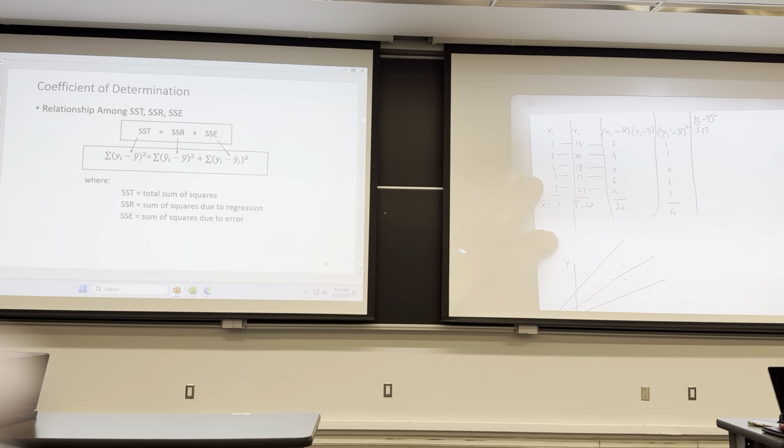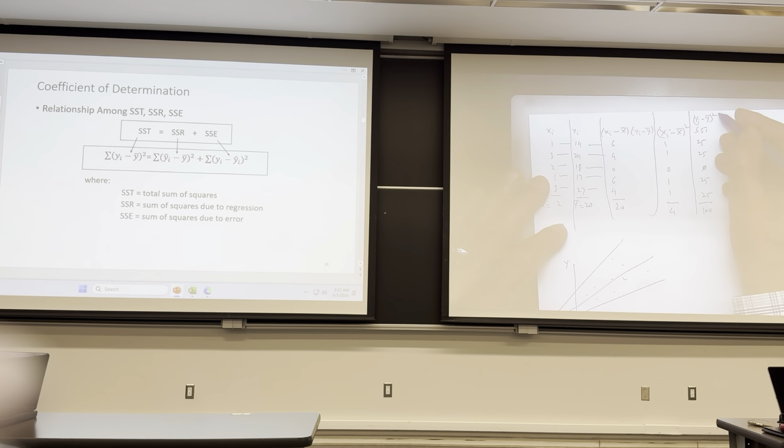So using my diagram, from each value, I'm going to subtract the mean value and square it. The answer is 25, then 25, and 0, and 25, and 25. Total is 100.